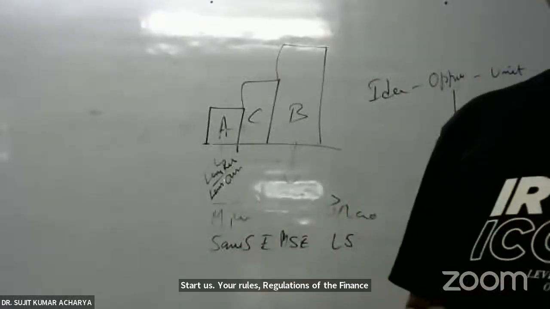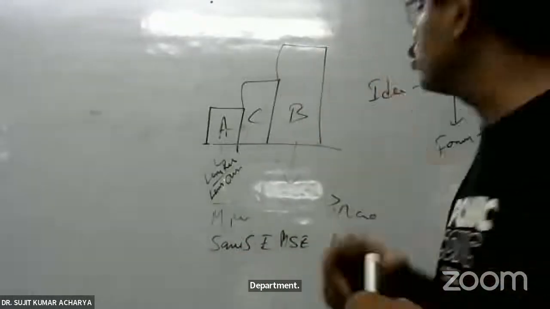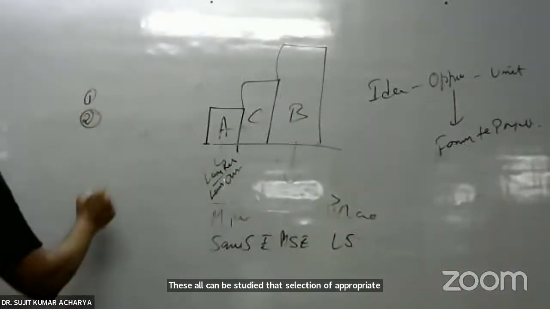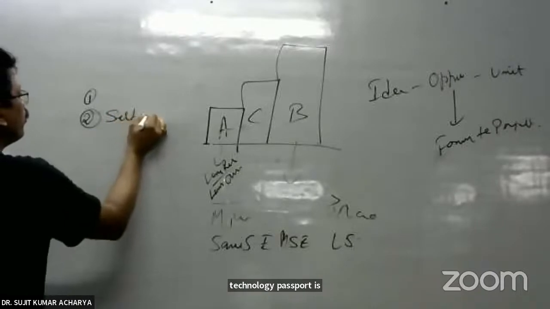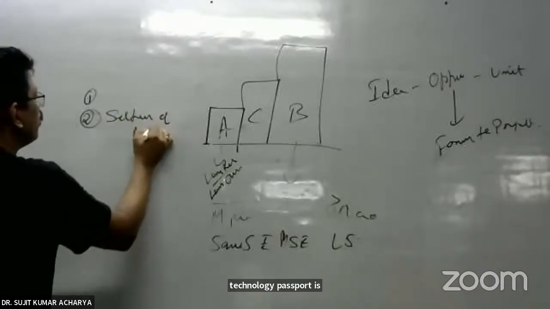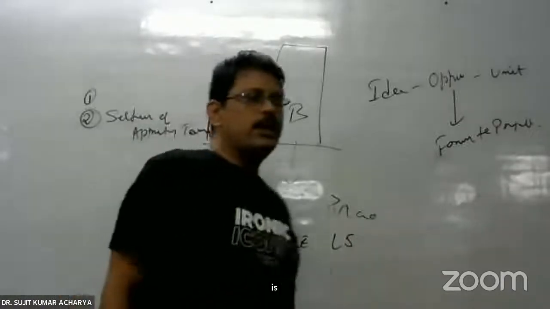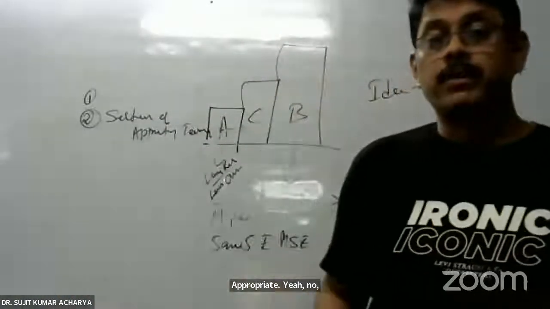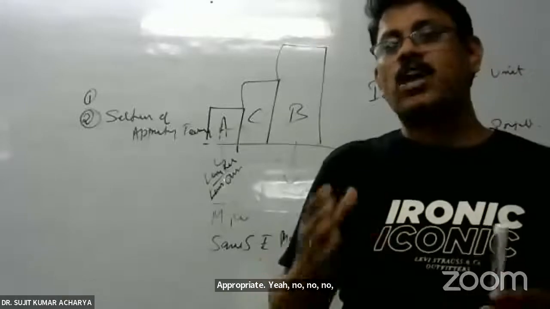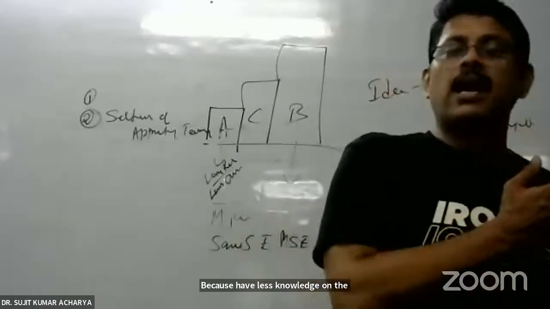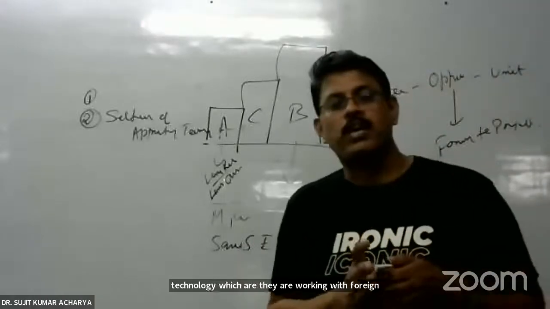Then another is the selection of appropriate technology. This is the second point. It is a difficult task because we have less knowledge on the modernization and technology working with foreign markets and foreign organizations.